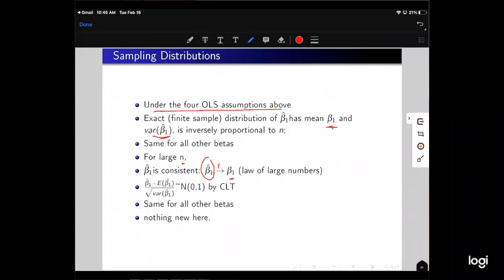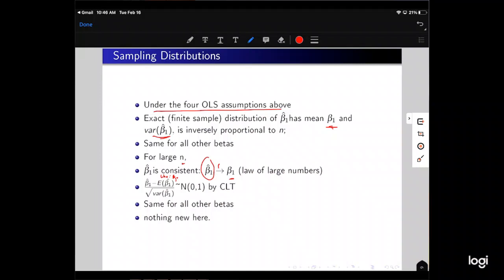This also means that beta 1 hat has an approximately normal distribution, and we can standardize this normal distribution by taking beta 1 hat minus its mean, which is usually the null hypothesis, beta 1 naught, over the standard error of beta 1 hat.